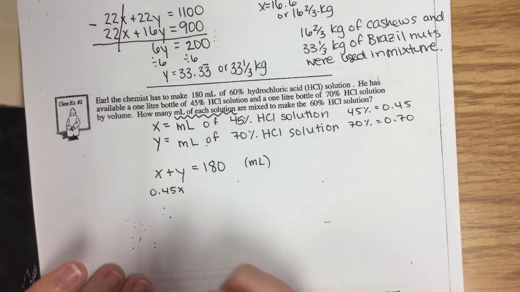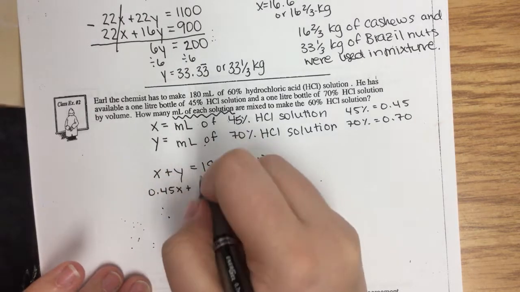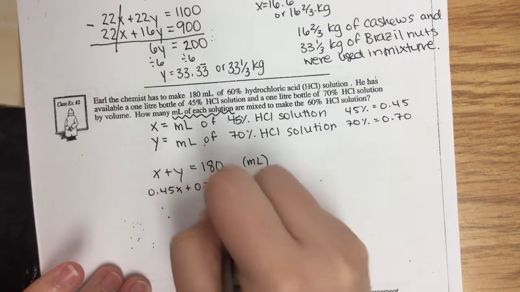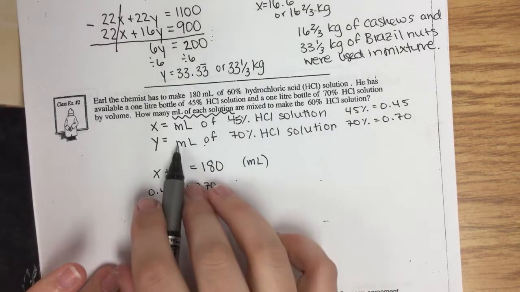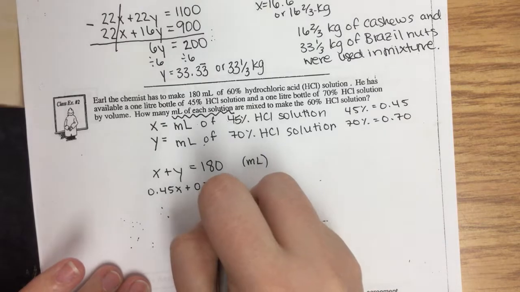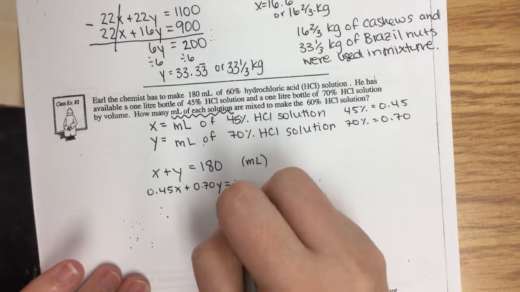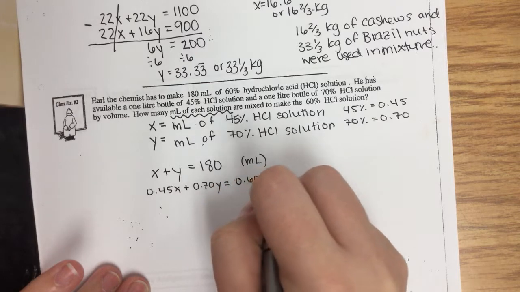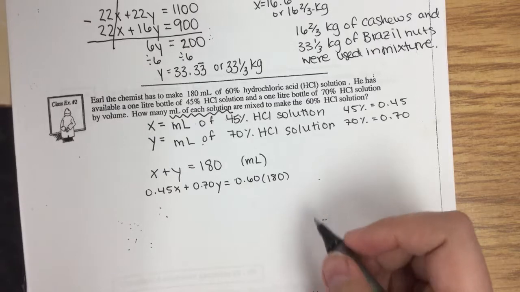plus 0.70 times y, so 70% of the 70% solution, however many milliliters you have. And you're trying to make a 60% solution where the solution's volume is 180 milliliters.